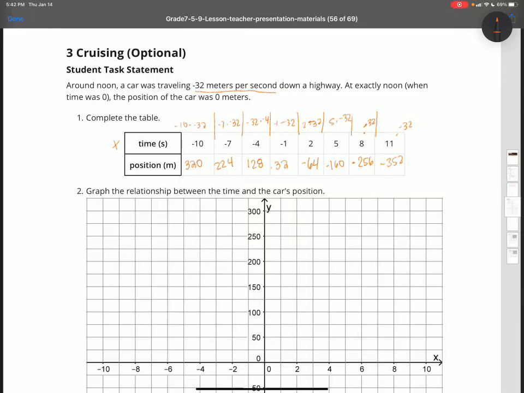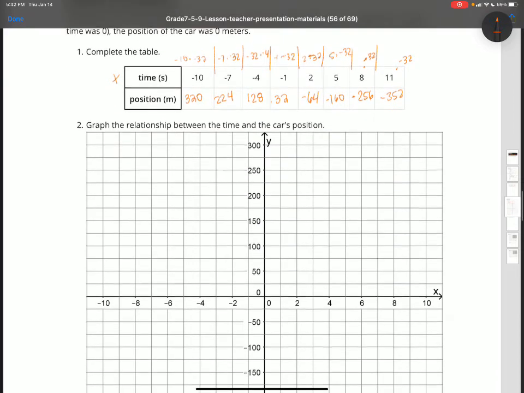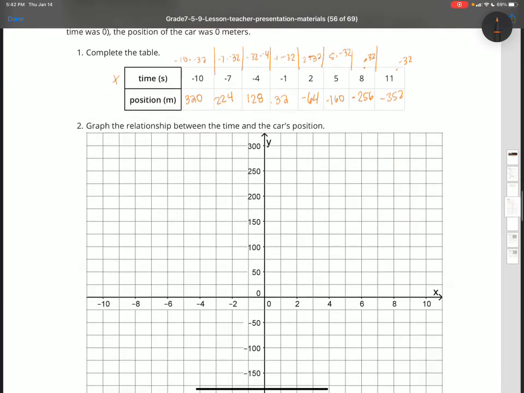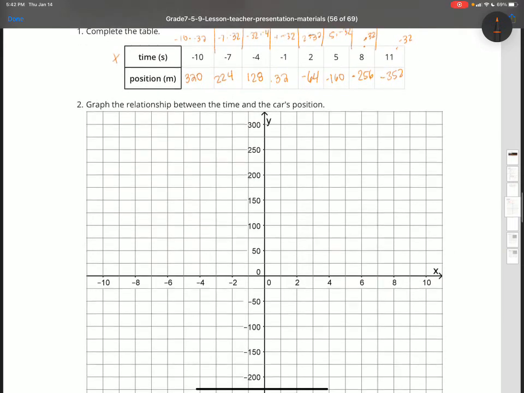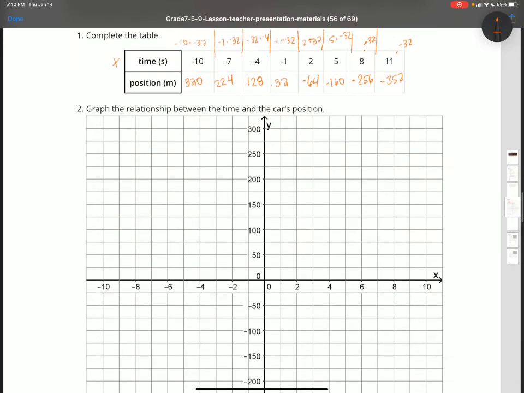Then it wants us to graph the relationship between the time and the car's position. Time is x, and I'm going to let the position be m. So when the time is negative 10, the position is 320, and I want to look for that.